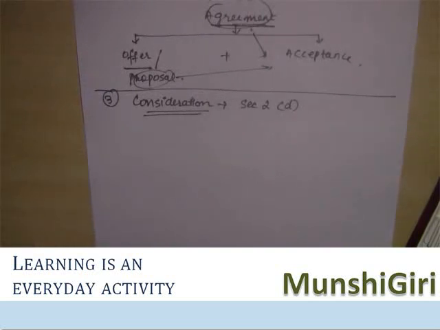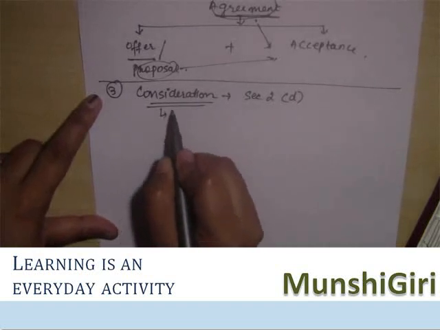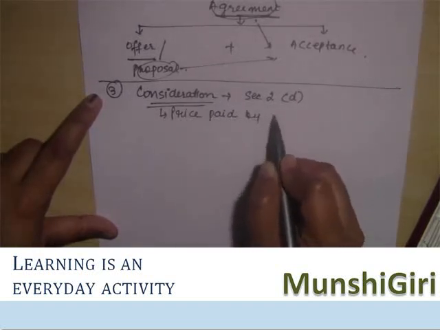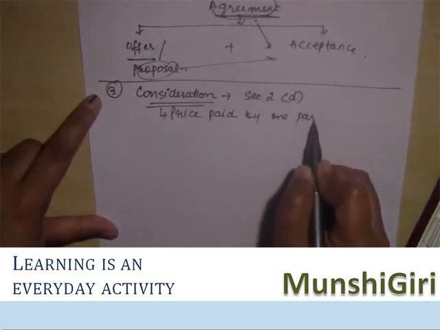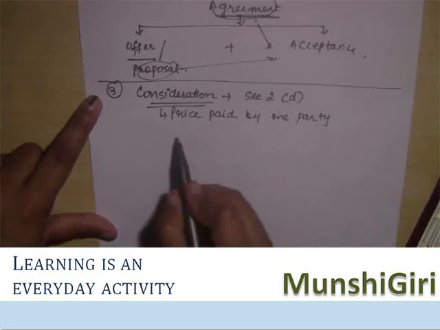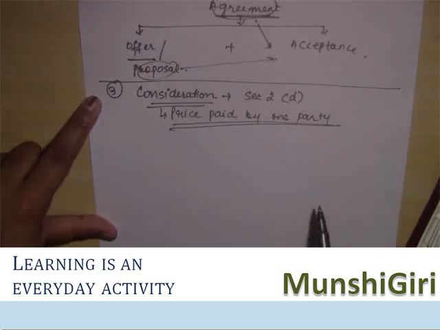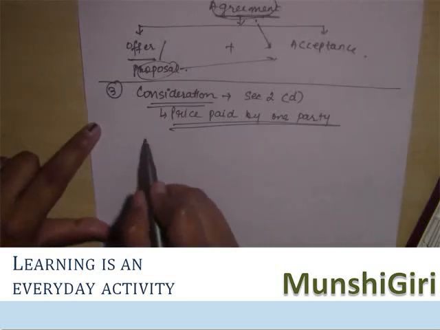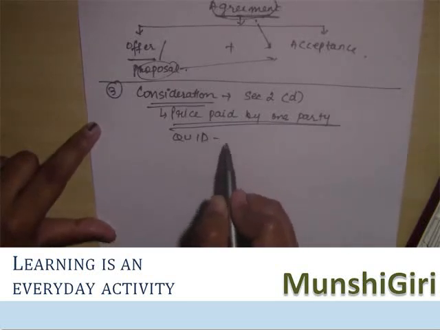Alright, coming back to the point. Consideration in simple terms is the price paid by one party for the promise of the other. It is the price paid by one party. The technical meaning of consideration is quid pro quo.